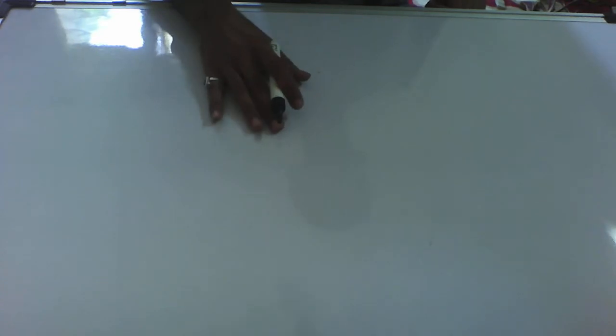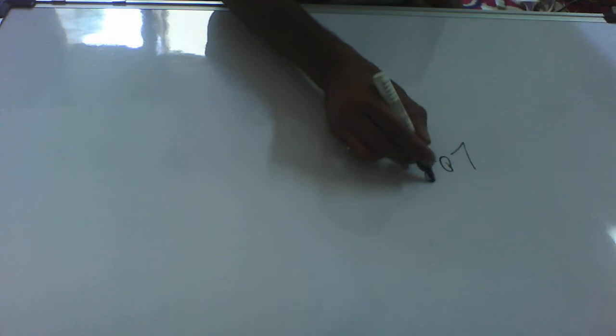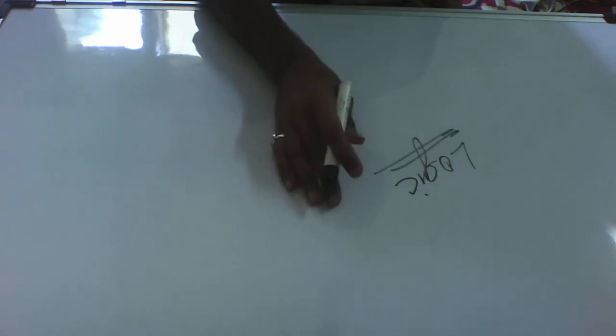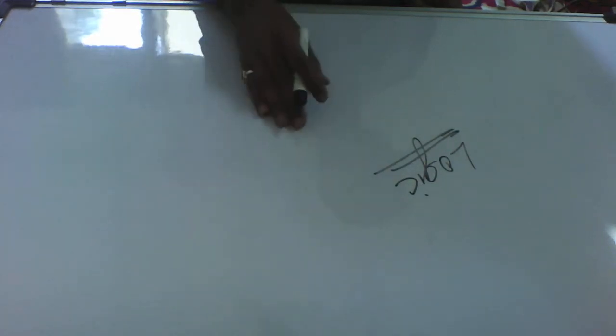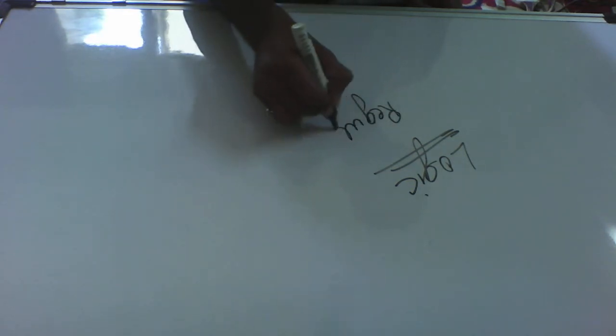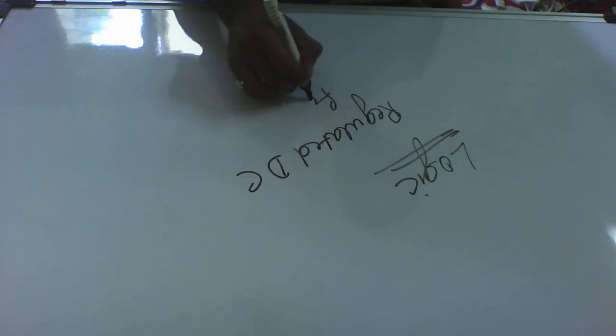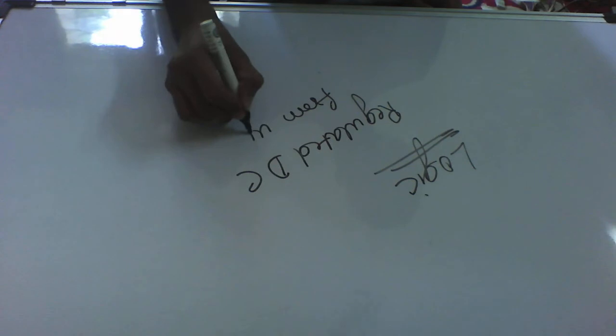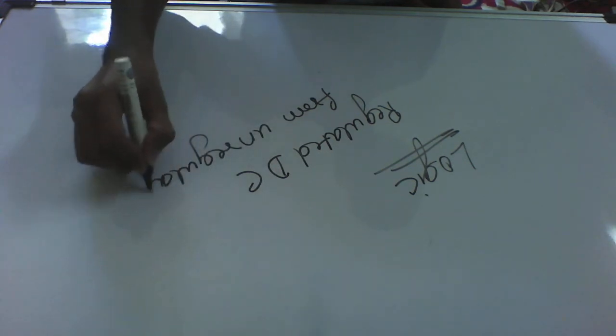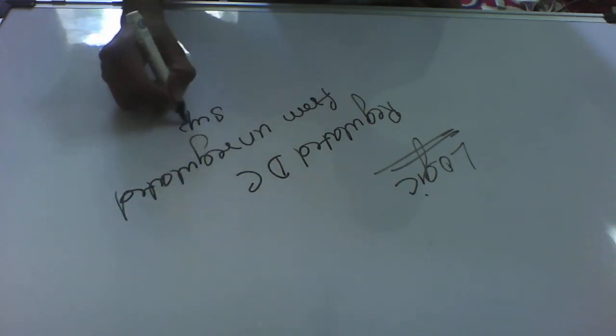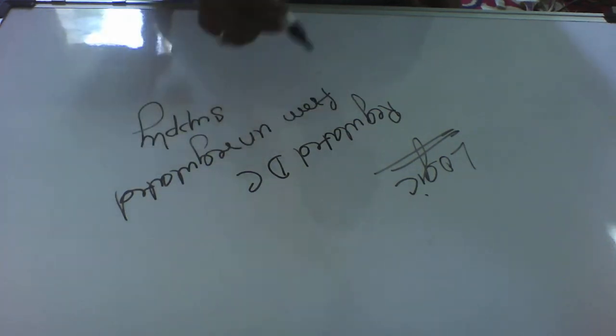Now let's consider the basic logic behind SMPS. So what does SMPS actually do? It is used to obtain a regulated DC from an unregulated supply. What does regulated mean?